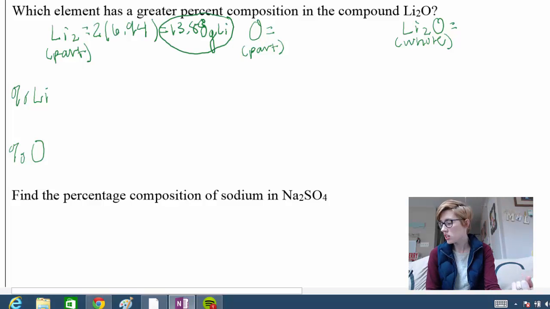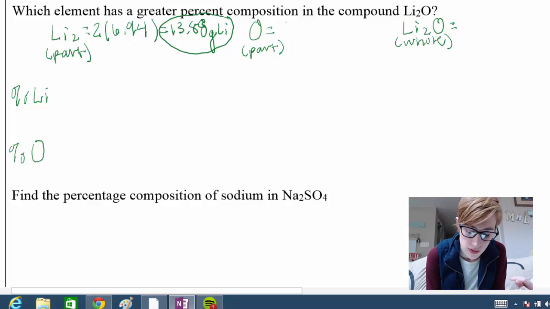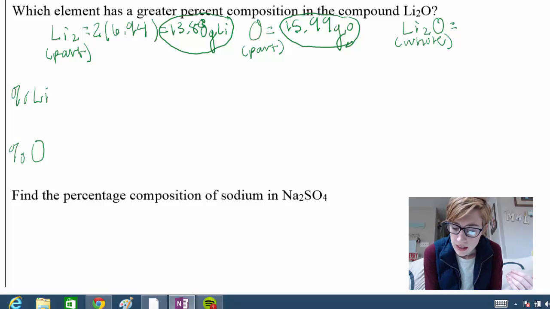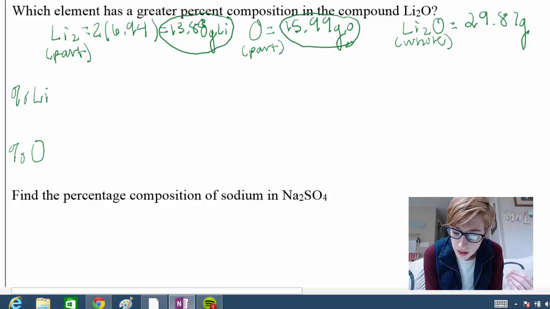Oxygen, there's only one oxygen in this compound, so I just have to find the molar mass of oxygen, which is 15.99 grams. And then how much does my whole compound weigh? Well, I just have to add these two together. I add 13.88 to 15.99, and I get 29.87 grams of my whole compound.